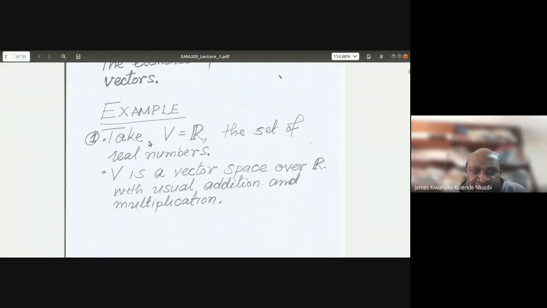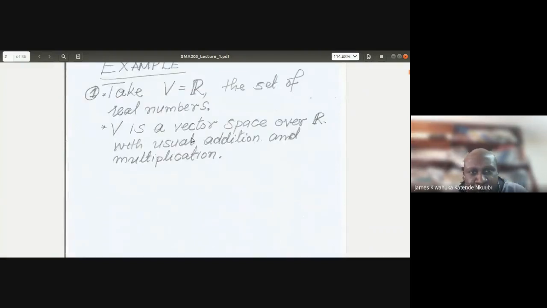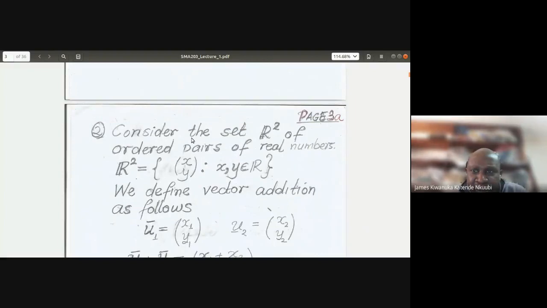Here the numbers now become your vectors, and addition is just normal addition of real numbers, and multiplication is also the normal multiplication of real numbers. Under these conditions, you will see that all the 10 properties will be satisfied. I will not go through these 10 properties for this example, but in the next example we shall do that.